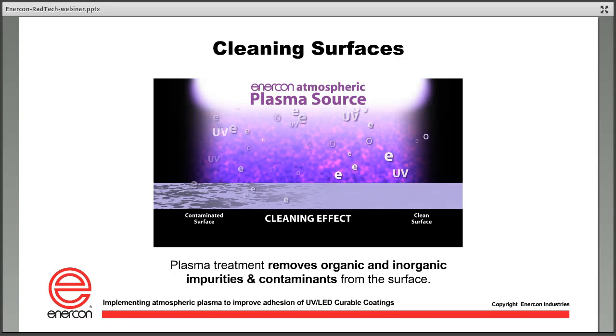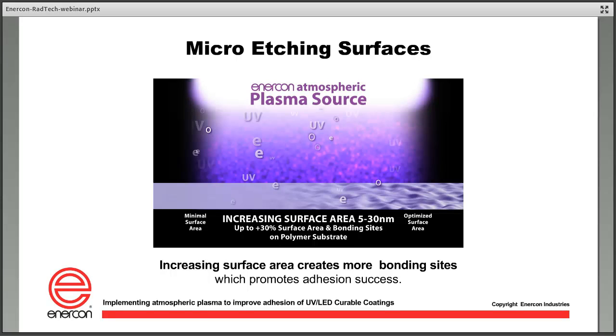It has cured very nicely to the contaminant. So plasma allows you to remove that without any kind of chemical wiping, IPA wiping or whatnot to the surface, or perhaps a bath of some kind, and remove that step and that element of human error out of your process. The second thing that it does is it micro-etches the surface.